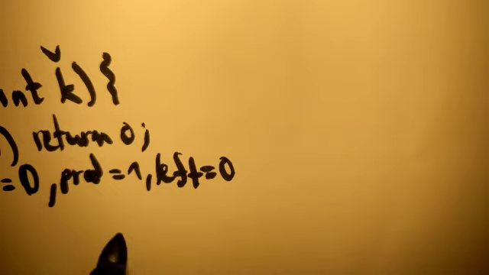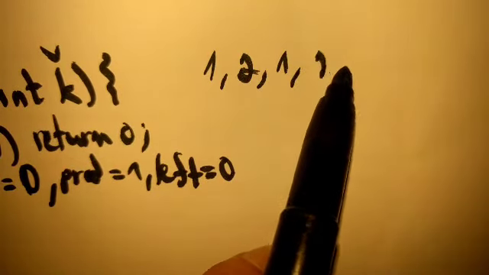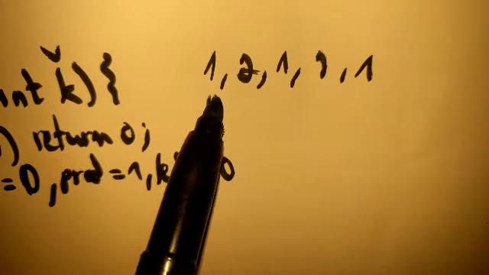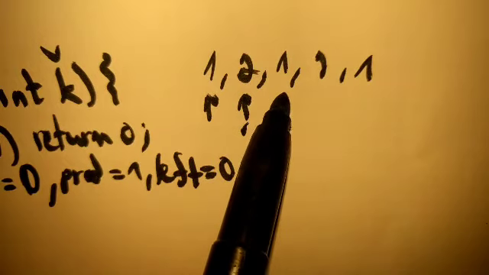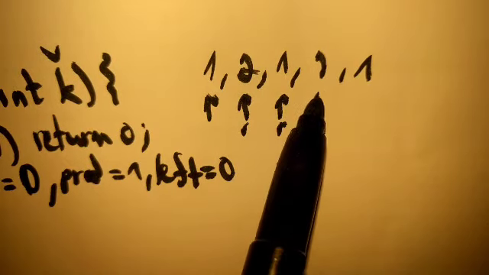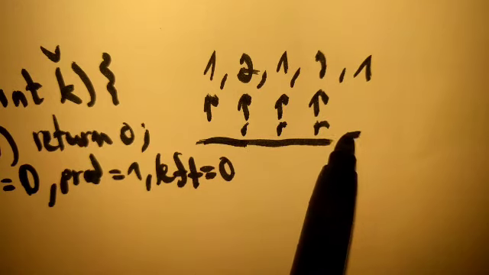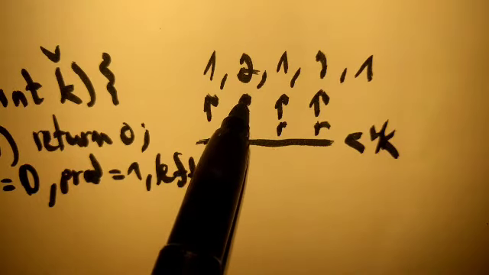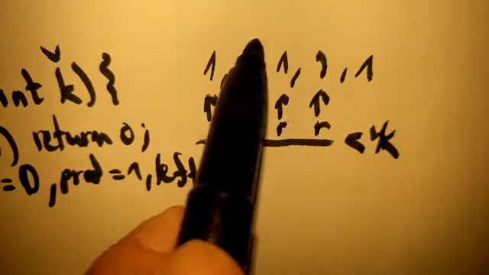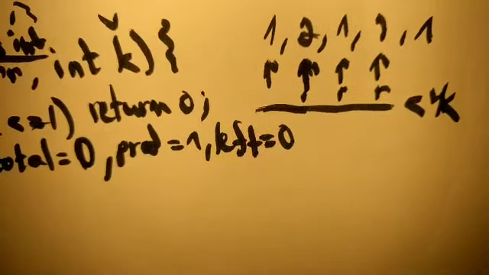Remember that we have a left index, and then we increment the right index, then increment it again, and again, and when the product does not satisfy less than k, we increment the left index in the hope that the smaller subset would satisfy the less than k.